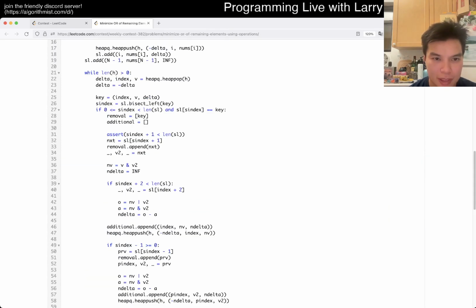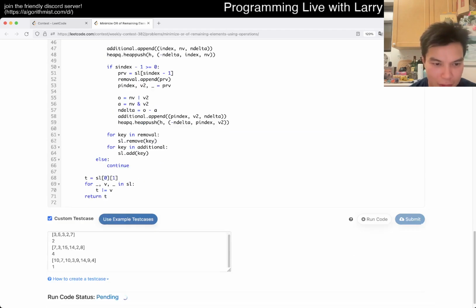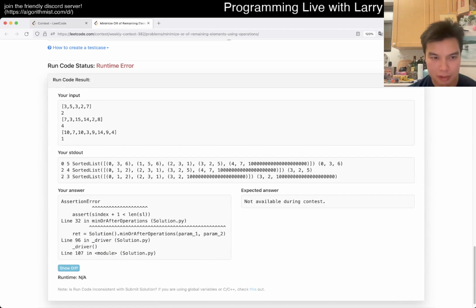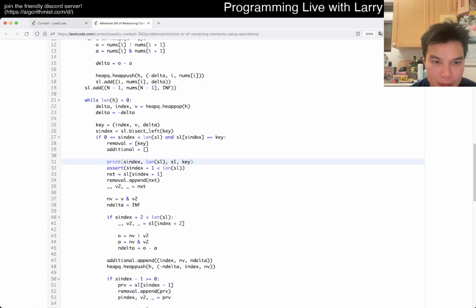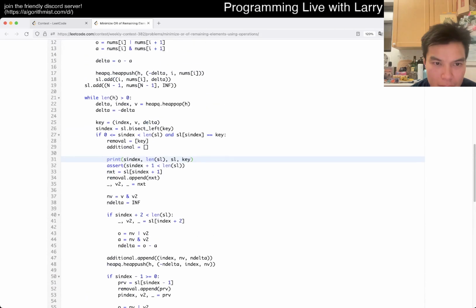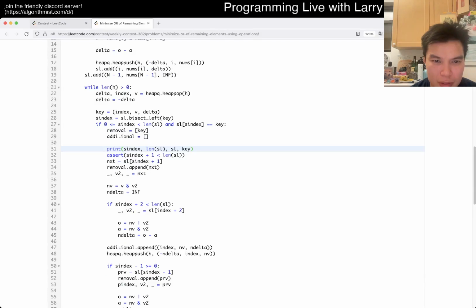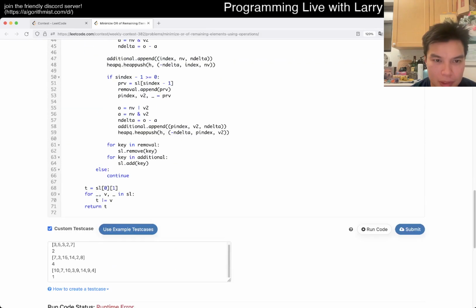But why is that? Why am I getting an error here? So the list is going to be, so this is looking for this, but why? Why is that on the heap? Because I push something weird.